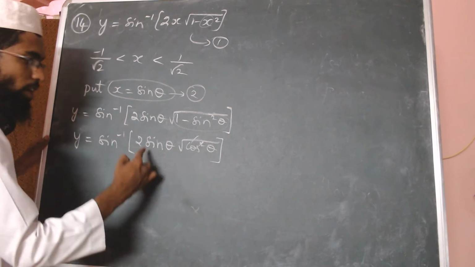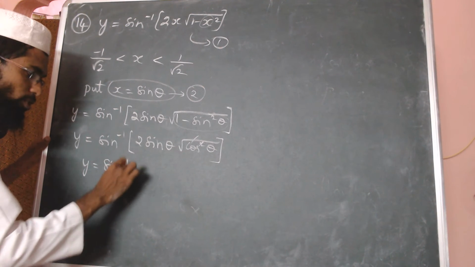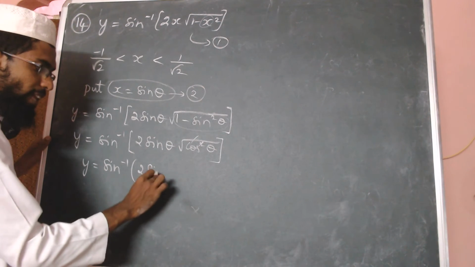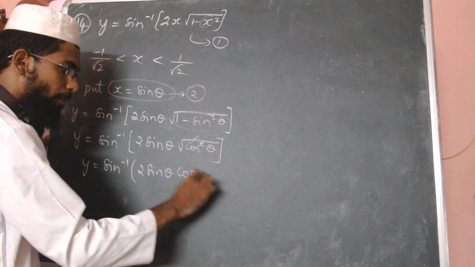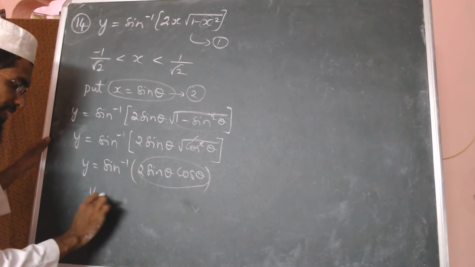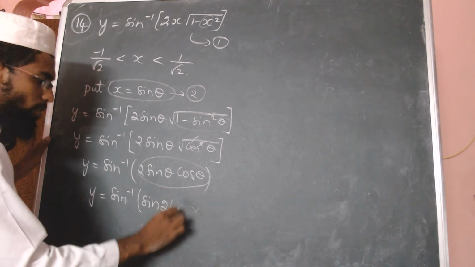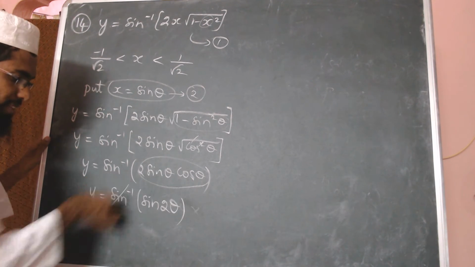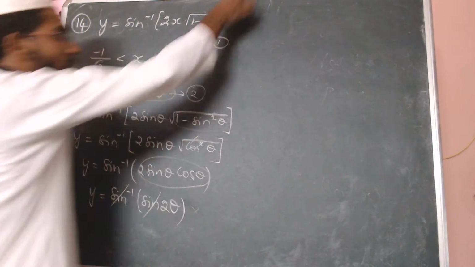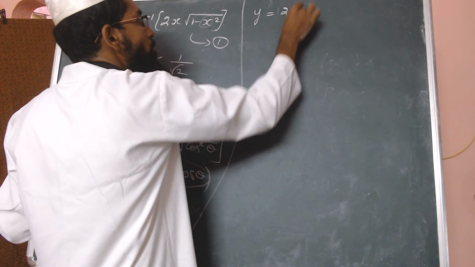So what will be left out? Sine cos theta will be left out. So y equal to sine inverse of 2 sine theta cos theta. Now 2 sine theta cos theta is nothing but sine 2 theta. I can cancel the sine inverse and sine now. So I'll be having y equal to 2 theta.